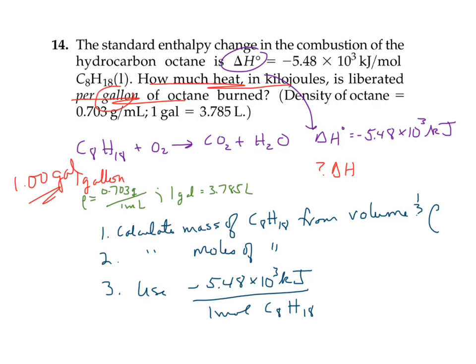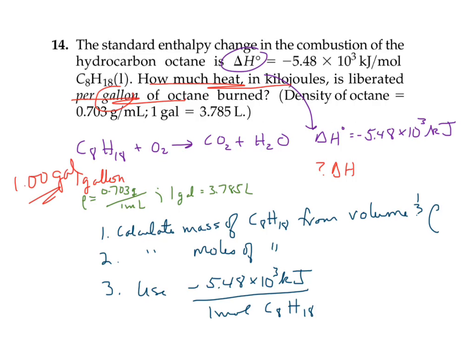Basically, it wants to know how much energy you're going to get for every gallon of that you combust. And it says per mole of combustion, you get 5.48 times 10 to the 3rd kilojoules of energy released. And that's per mole.